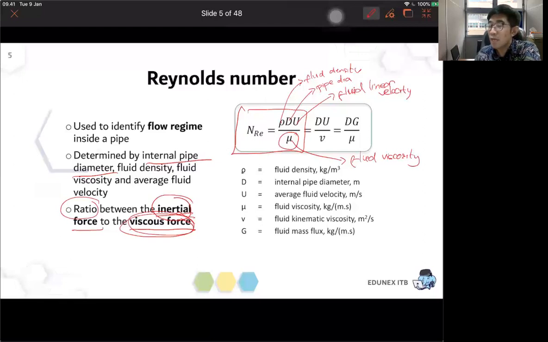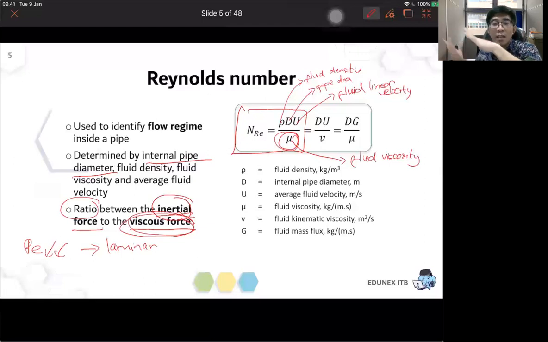Okay, that's why when the Reynolds number is small, it means the viscous force is significant. So when the Reynolds number is small, it becomes laminar. That's why the fluid pattern will be layer by layer, because the effect of the viscous force is significant.